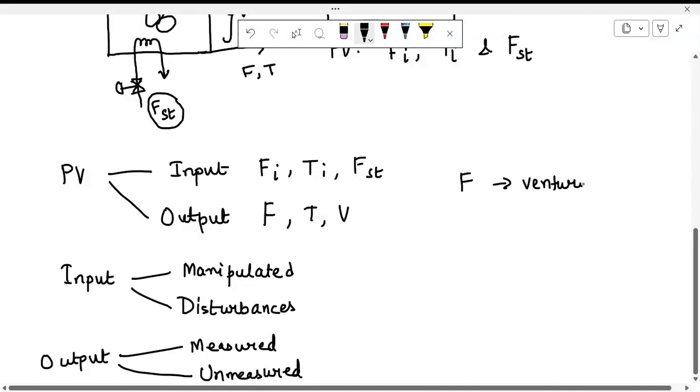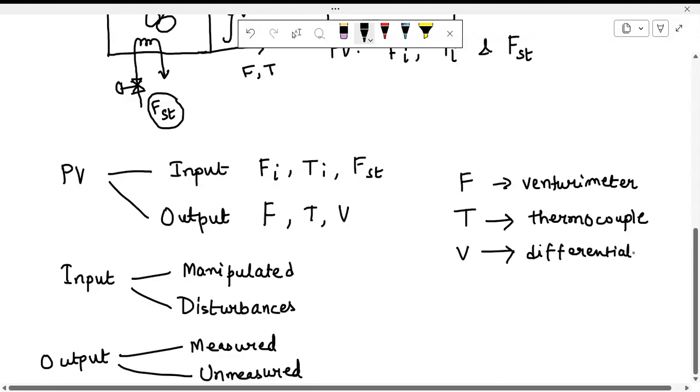You have read it in your fluid mechanics lessons. If you want to measure the temperature, which we do need to measure in this case, then you can use a thermocouple. If you want to measure the volume, then you can use a differential pressure cell to measure the volume in the tank.